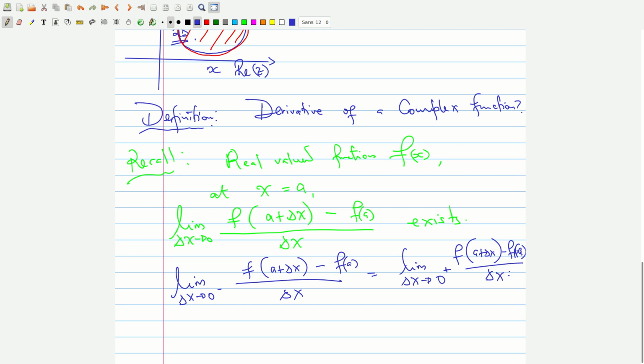So what we are interested in is that the limit exists and the left hand limit is equal to the right hand limit. That is for real valued functions.